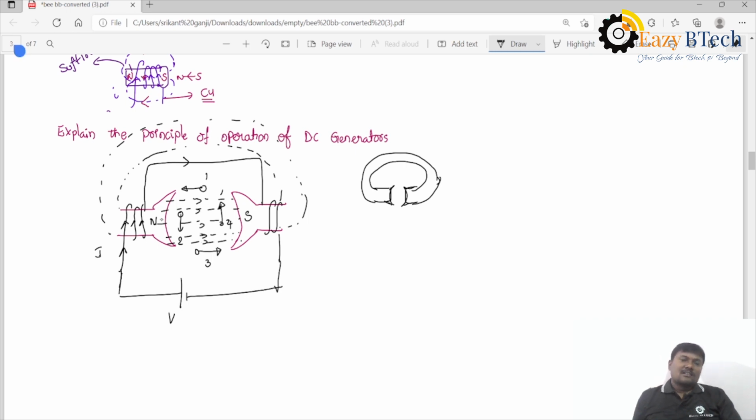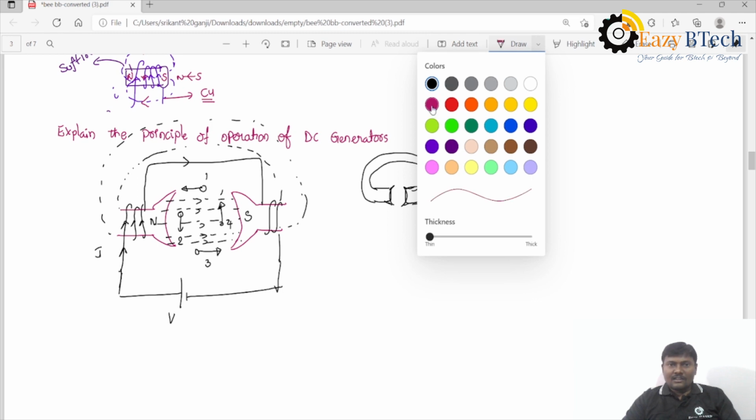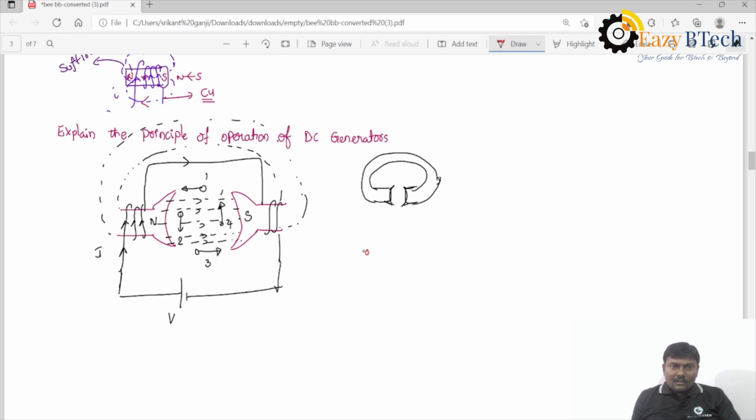The flux lines are flowing from north pole to south pole. At the first position, the tangential force acting on the conductor, or the motion of the conductor, is in this direction, and the magnetic flux is in the opposite direction.